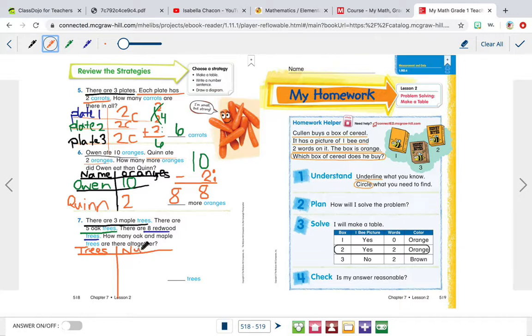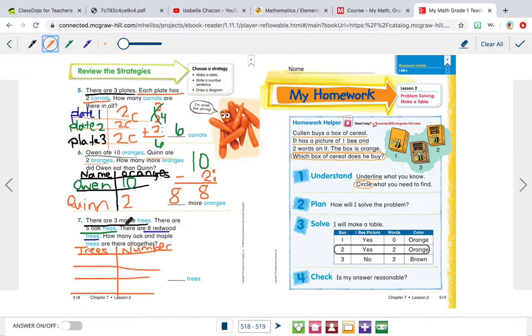Now we're going to have 3 spaces because there's 3 types of trees. So 1, 2, 3.